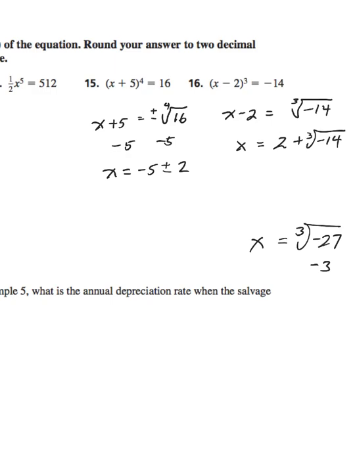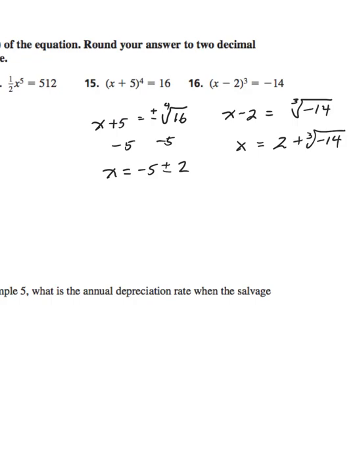Anytime I take the cube root of a number, I get only one answer. It's only when I take something like the square root of 9 that it could be plus or minus. It has to do with whether the root is odd or even.